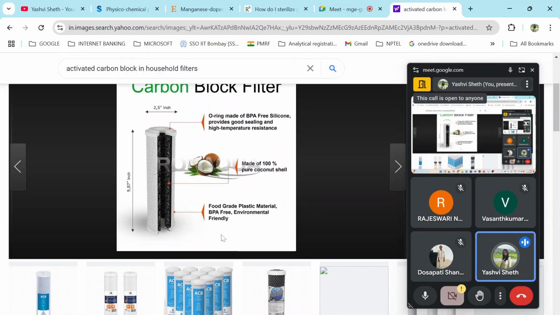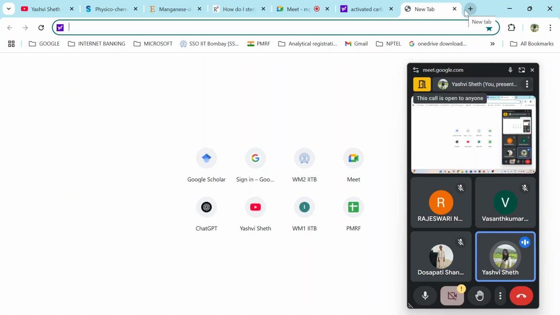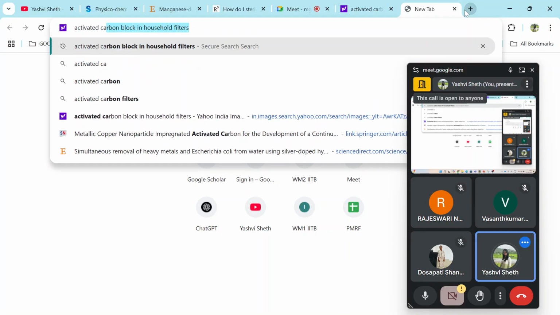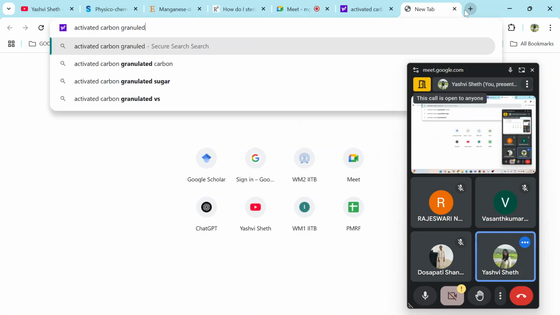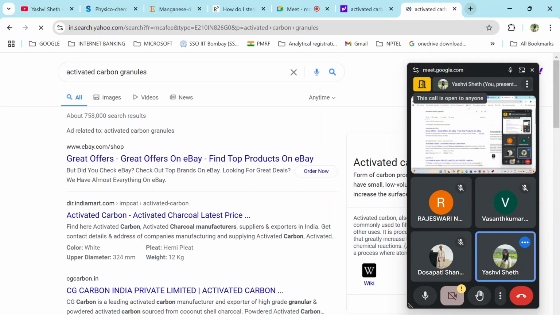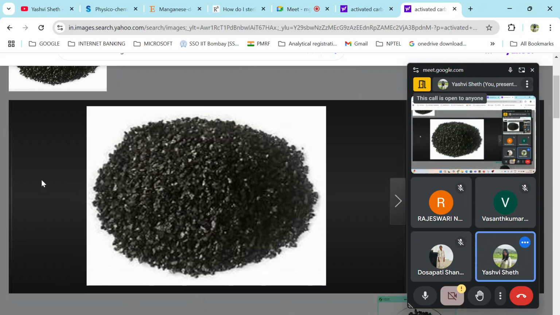It will be shelled inside, with one support or storage for it, and this is how it would look. It is in the form of granules.